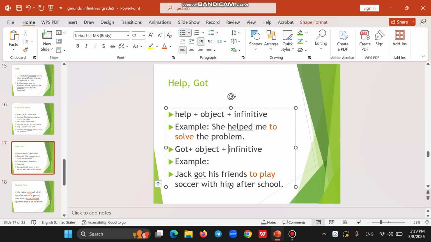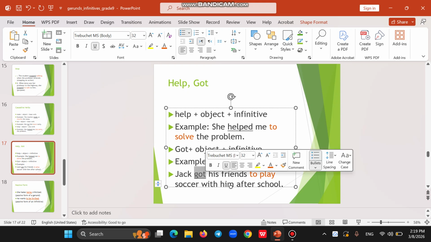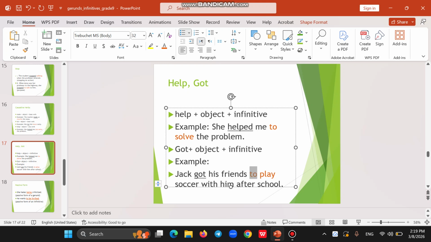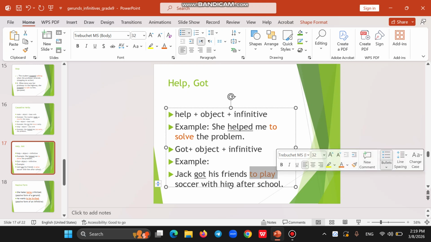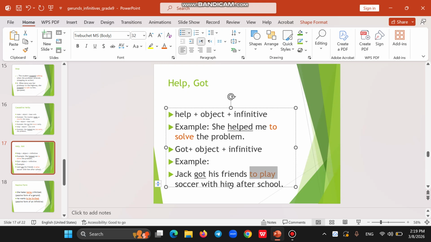So here got is followed by an object, then by an infinitive, same as help. So after help and got, we can use an infinitive, not a gerund.